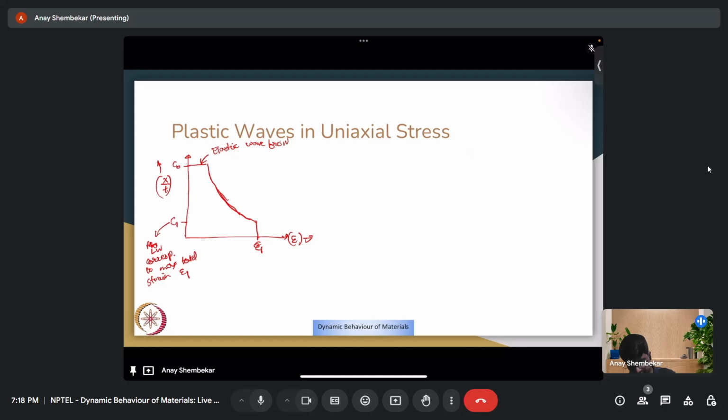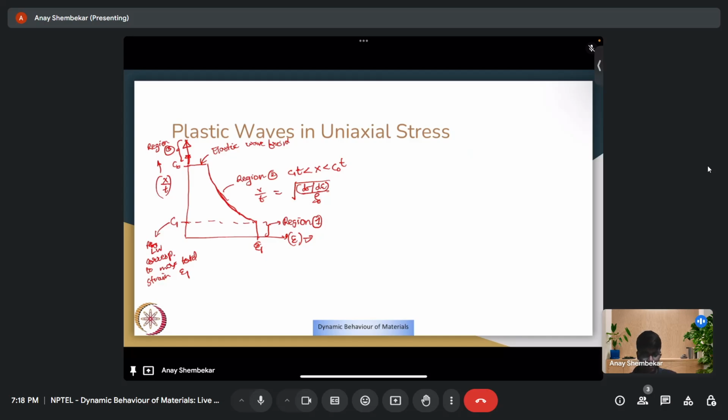For x by t greater than c naught, this is the unloaded region, region 3. For x by t less than c1, this is region 1, the maximally strained region. In between is region 2, c1 t less than x less than c naught t, where x by t is given by the square root of d sigma by d epsilon upon rho naught.